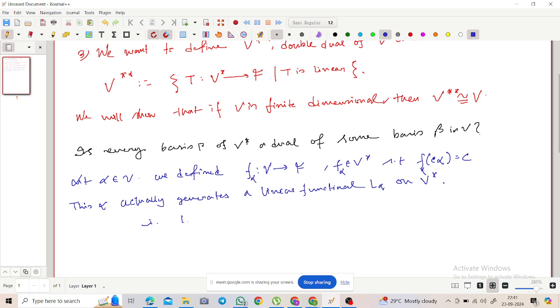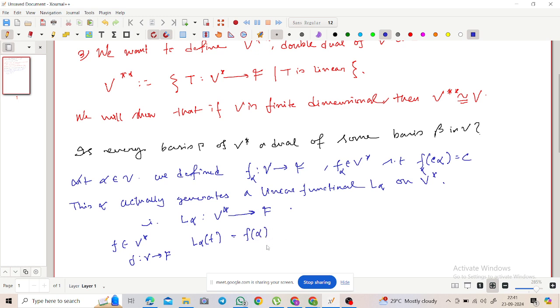That is, L alpha is a map from the set of linear functionals to F. So how do we define it? Take f belonging to V star. So f is a map from V to F, right? So what is L alpha of f? This is f evaluated at alpha.